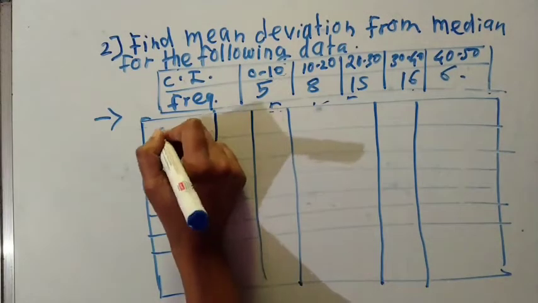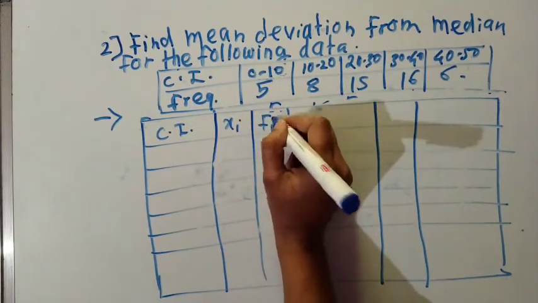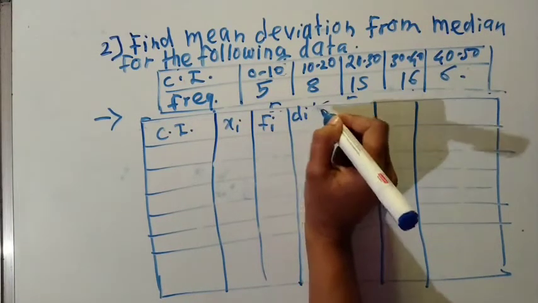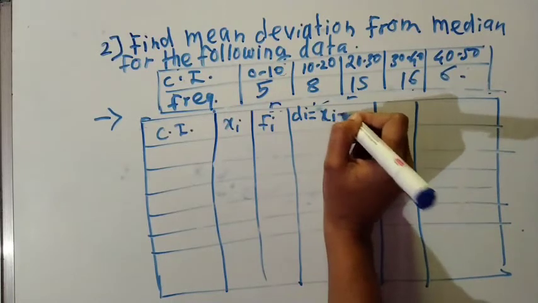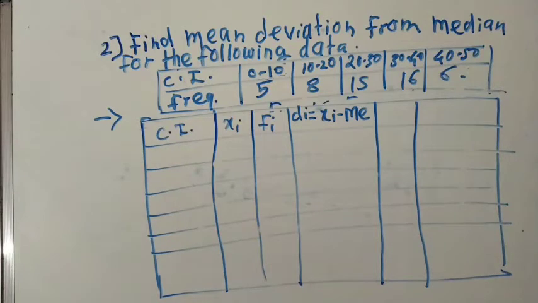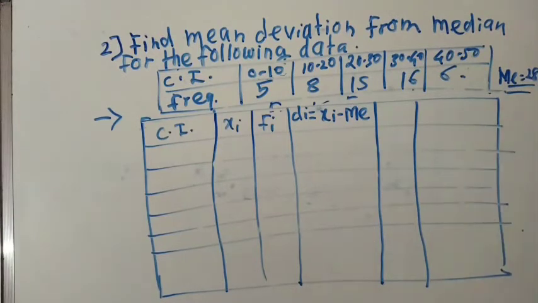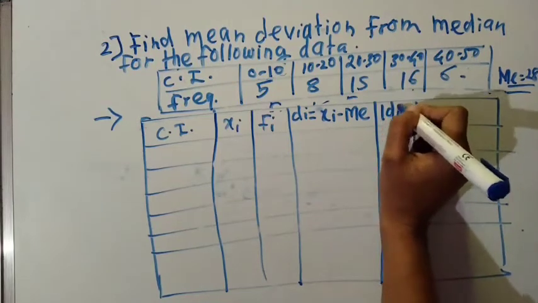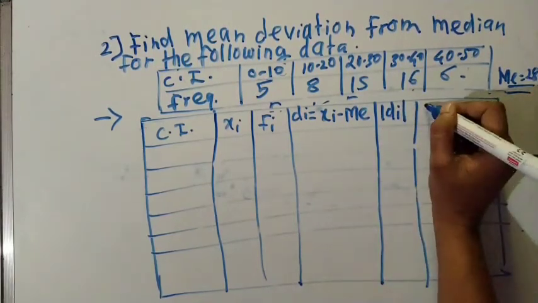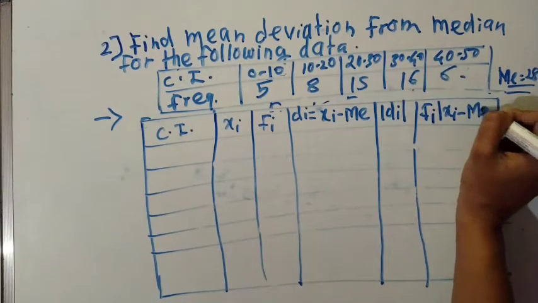First write down the class interval, then xi, fi, di is equal to xi minus median, means ME, where ME is equal to 28. Then find out mod of di, then fi into mod of xi minus ME.